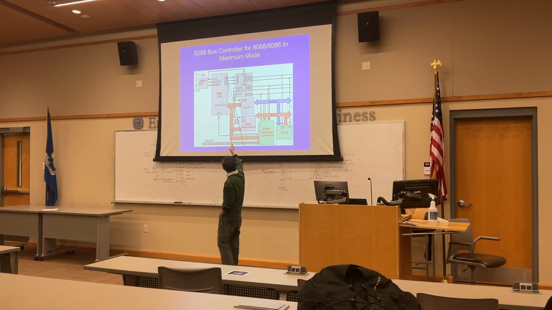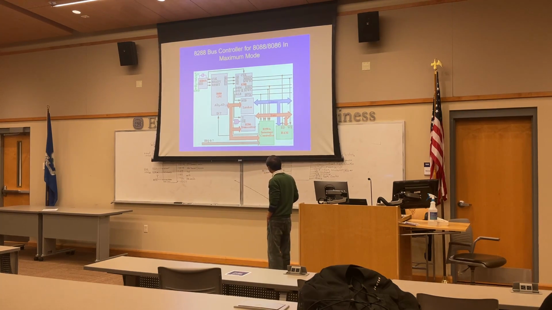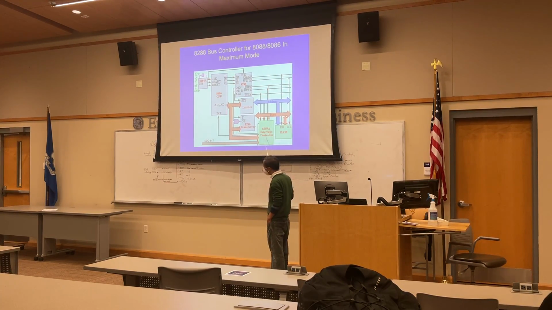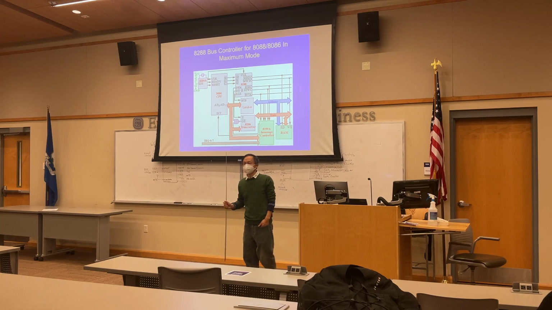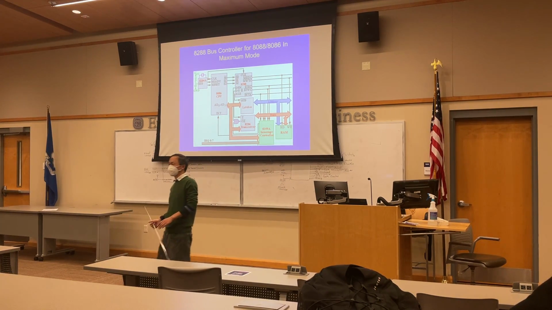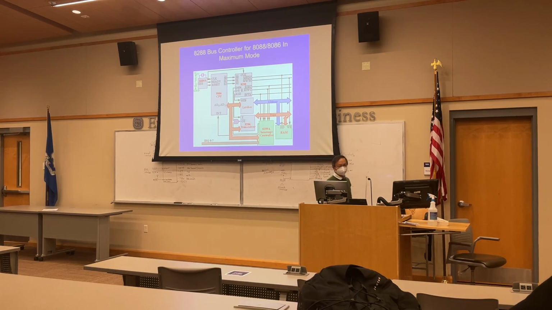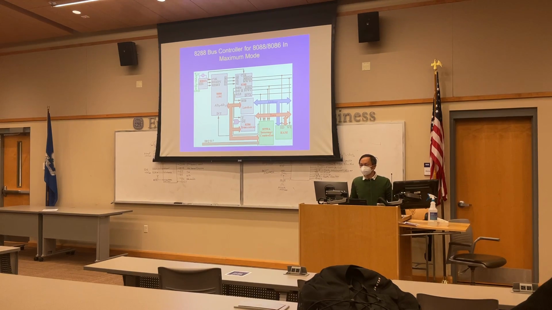He's going to take the code S0 bar, S1 bar, S2 bar from the president and then generate all these control signals in order to coordinate the whole process to get it done. That's the maximum mode. Get the code, understand it, and then generate the signals to control the whole process.